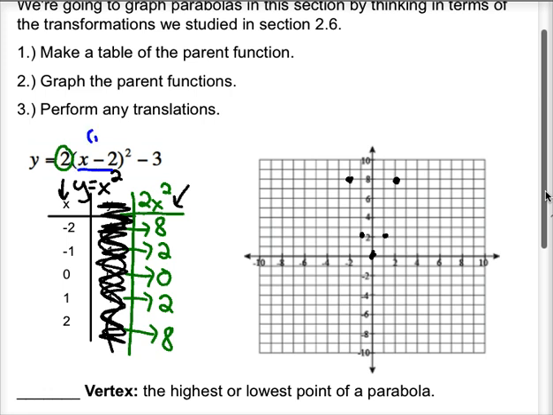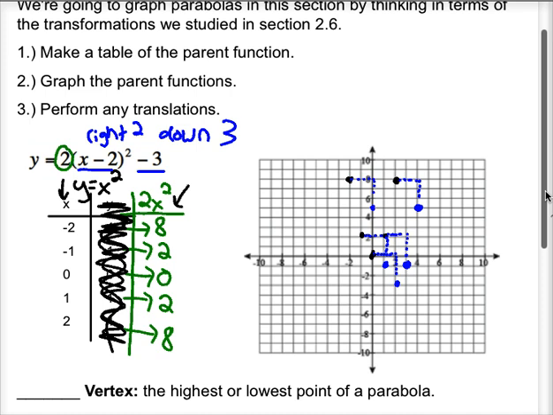Well, I'm going right 2 and down 3. So I'm going to take every one of those points and shift them right 2, down 3. That will land me there. Right 2, down 3.